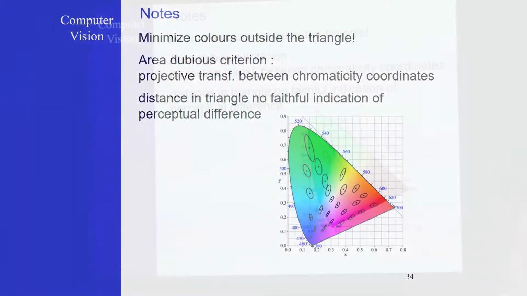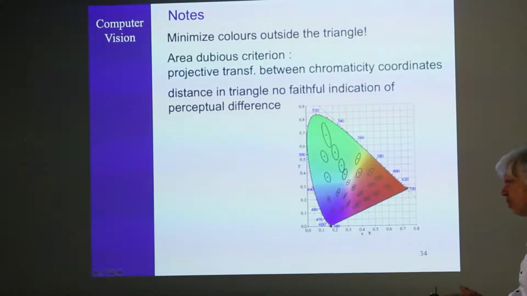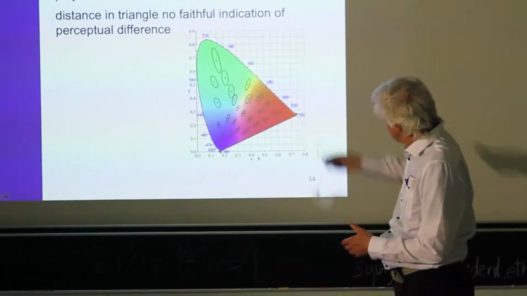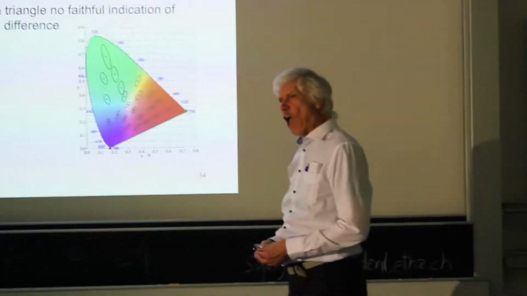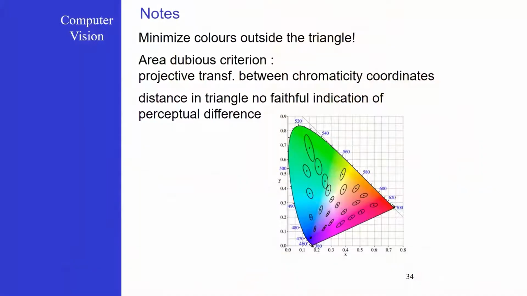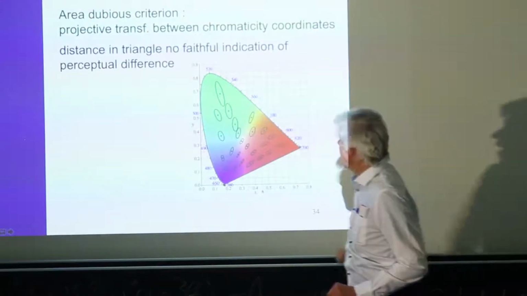So one could indeed make a choice of primary so that we have as little area in our color space falling outside the triangle spanned by the three primaries. And as we saw, it will typically always imply we take one primary in the red, one primary in the blue, and one primary in the green area.